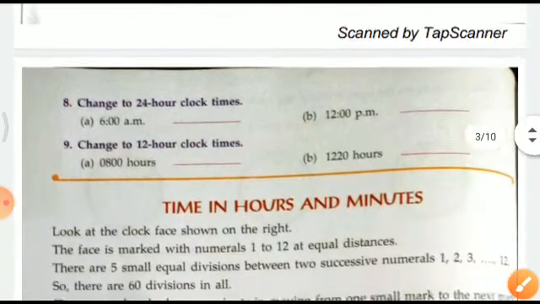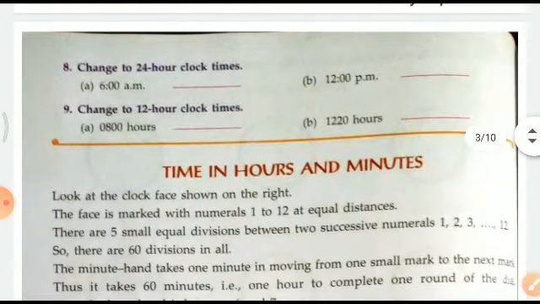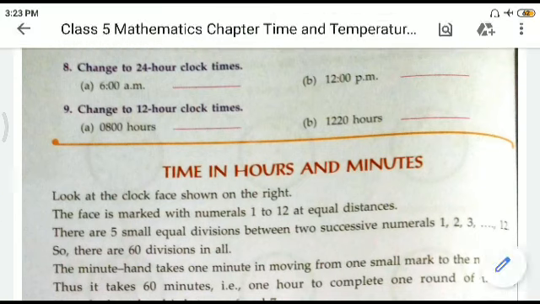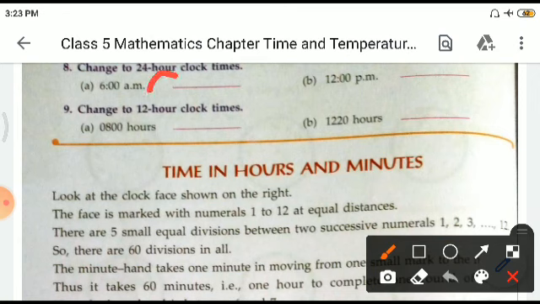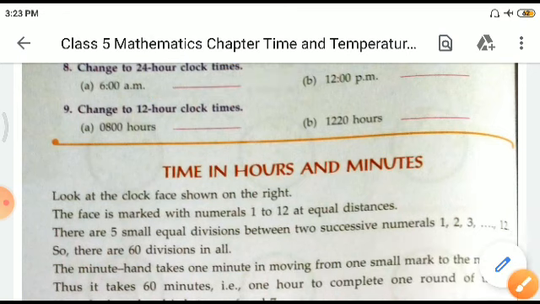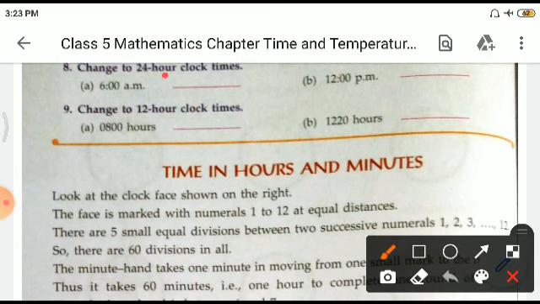Next, change to 24-hour clock times. 6 AM, it will remain as 6 AM, right? No change in this one. So there is another way of writing this. I think they are looking at this.